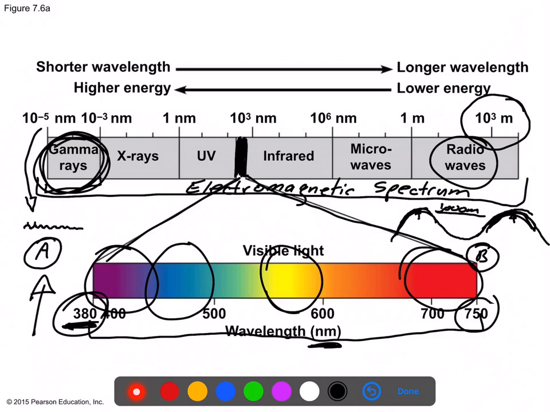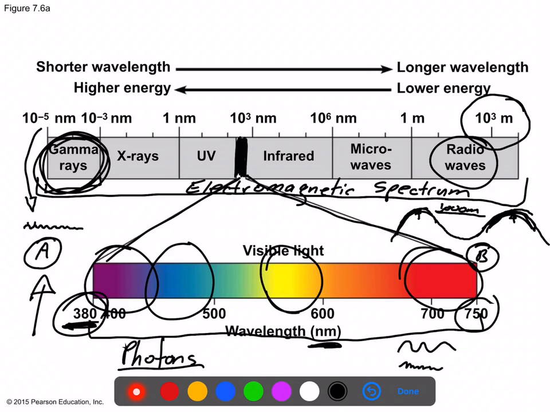So we understand that light energy travels in waves, and that the shorter the wave, the greater the energy. And for that reason, we're now going to replace the word light with photons. What we're saying is that a photon is a wavelength with a specific amount of energy, okay?